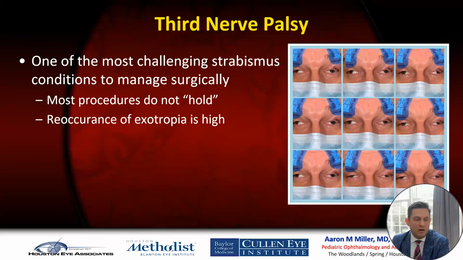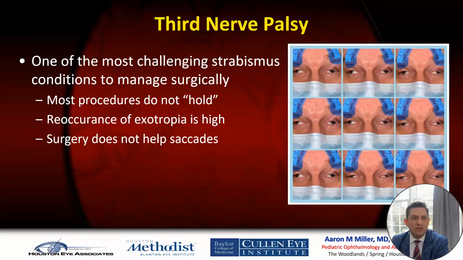The recurrence, as I mentioned, is high, and unfortunately, none of the surgeries out there to consider help with saccades, and because of this, the binocular window is extremely small.